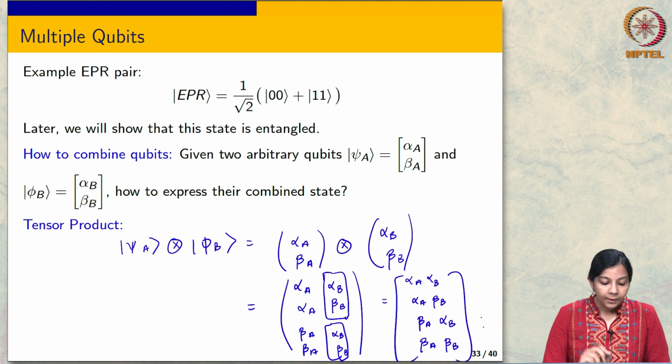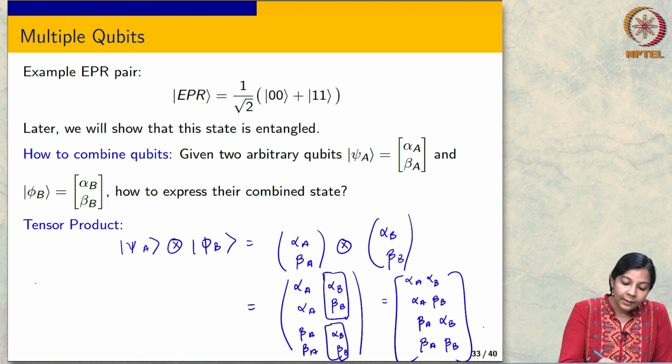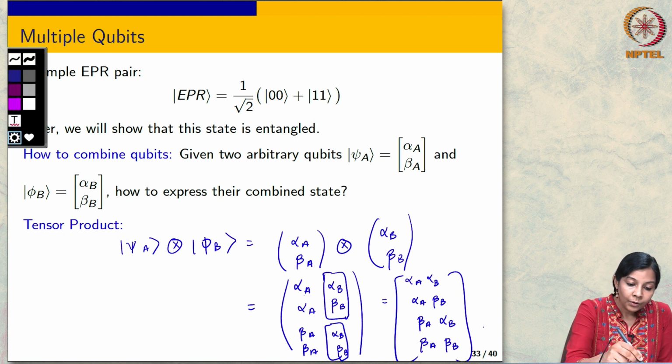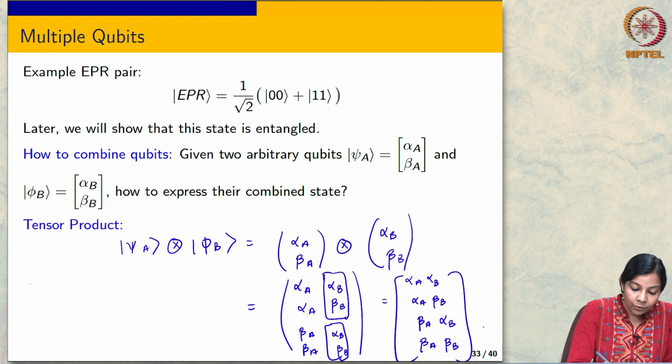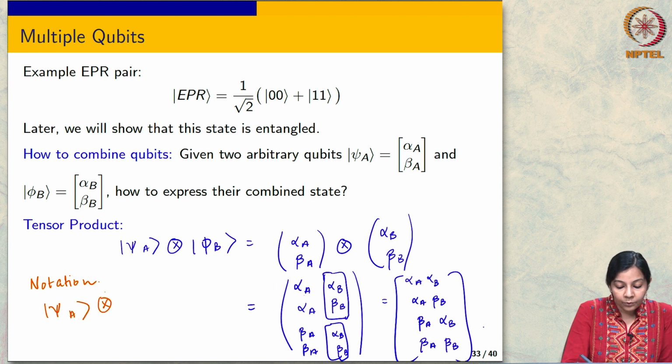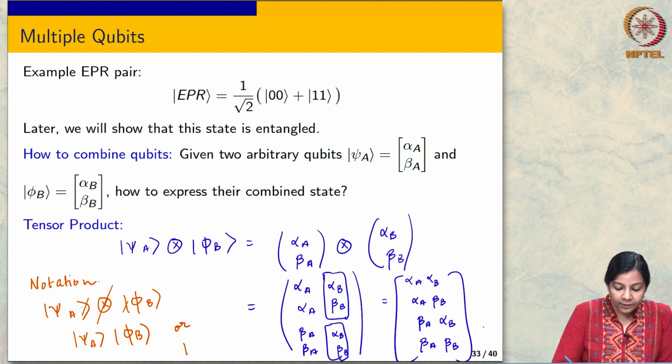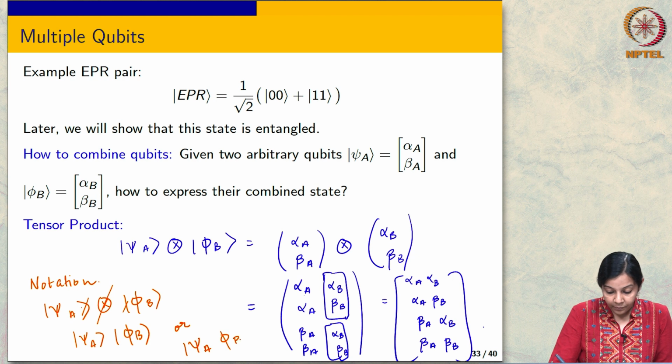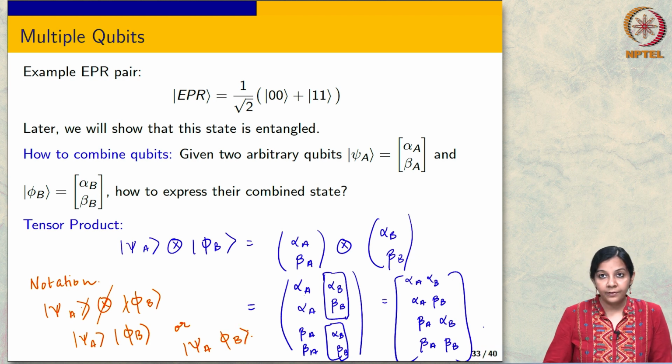This is the tensor product, and a quick note in terms of notation: I won't always write this longhand notation like this. I can get rid of this, and I can also get rid of this and this. So I can write it as this, or I can also just write it like this. This is just to make life easier for us.